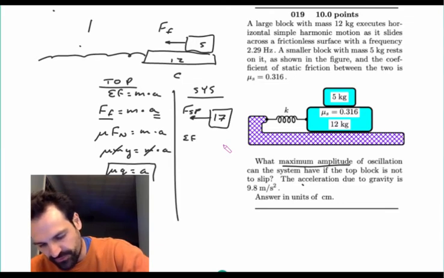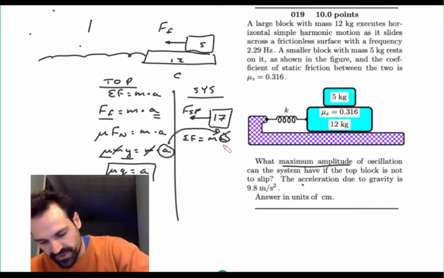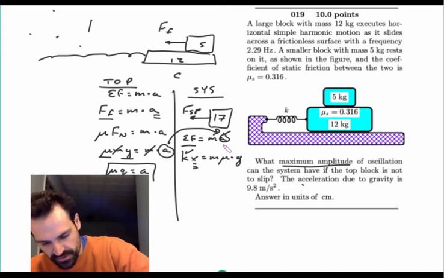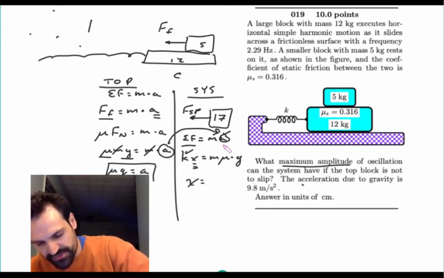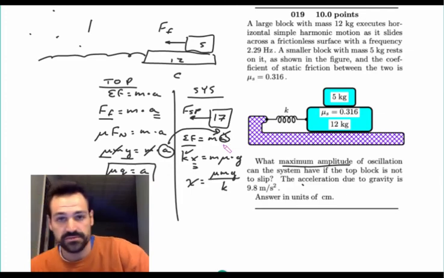So if we look at the net force equation for that, we can use mu times gravity to find the acceleration and then plug it into here, because the force of the spring is equal to kx at max amplitude. We know k, we know mass, and acceleration is equal to mu times gravity. So the max amplitude is mu mg over k.